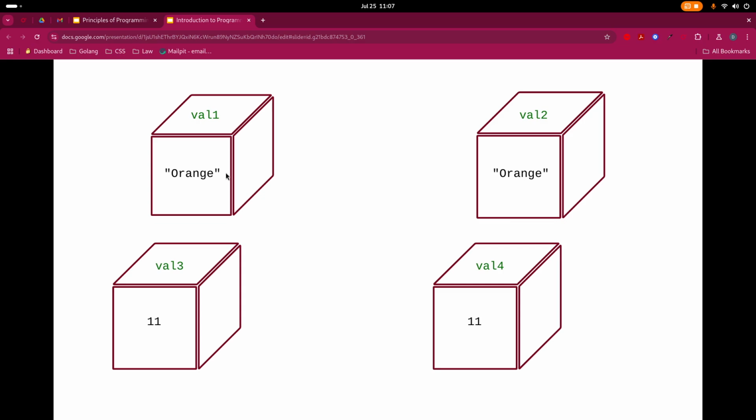Keep in mind that what is in val2 in this case is preserved. It's a one-way operation. When I move this orange in here, the high gets overwritten. However, the orange in this box still stays there. It's only the one that the value is going into that is affected.